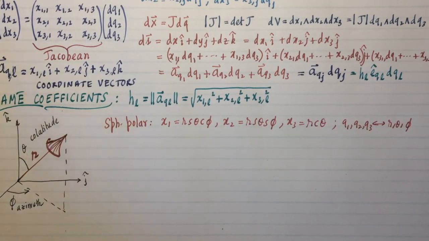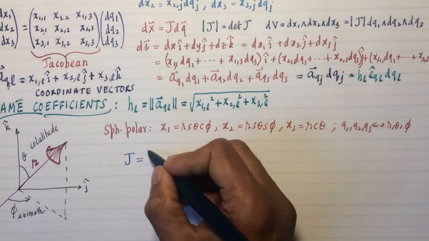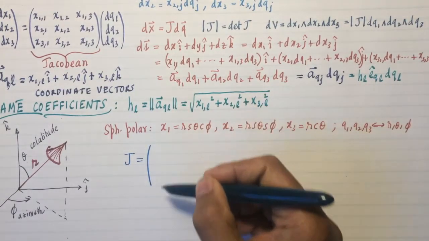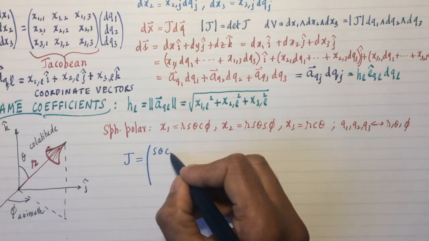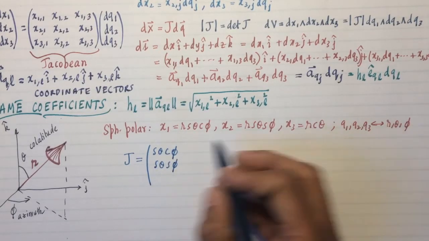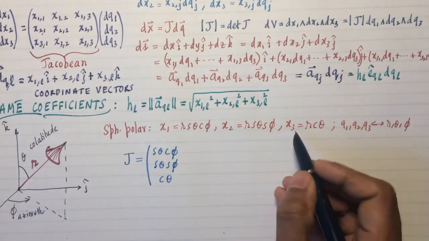All right, we are now ready to write the Jacobian matrix J. Remember the shorthand. You take these things and differentiate first with respect to r and write the entire column. So I'll do that. That's sine theta cosine phi, sine theta sine phi, and cosine theta, because they're all linear functions of r. Then I differentiate with respect to theta.